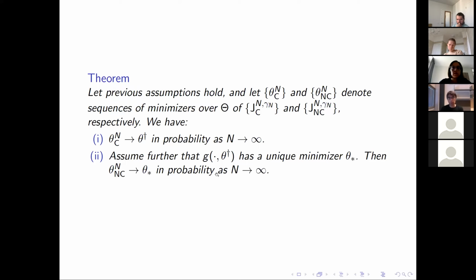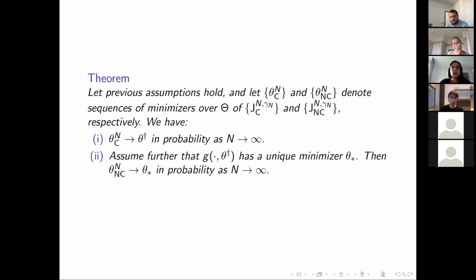And furthermore, if this quantity has a unique minimizer θ star for any ground truth, then the non-centered MAP estimator converges to that minimizer. So that's actually a negative result. It shows that in the non-centered version things go wrong, because if I have some unique minimizer that happens to be something other than the ground truth, then I don't recover that ground truth at all.